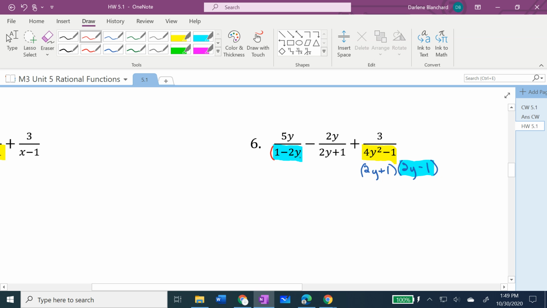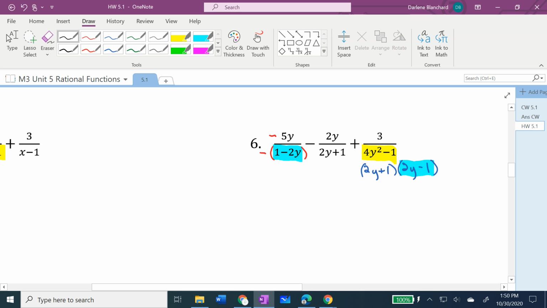I can take this fraction on the left and I can multiply its numerator and denominator by -1. As long as I multiply a numerator and denominator by the same thing, I do not change that fraction.